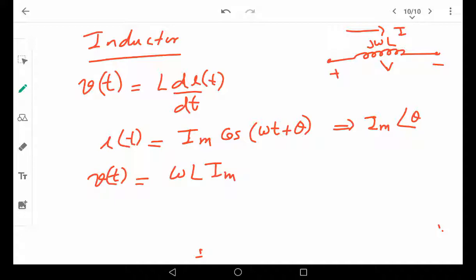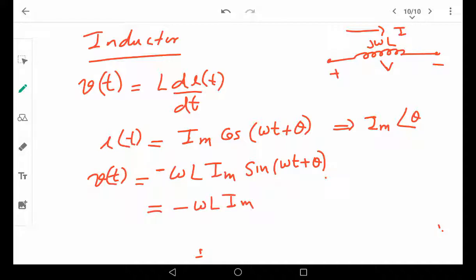Then omega L Im, and the negative sign will be there because when you differentiate cos, you will get sine. Omega L Im sine omega t plus theta. Clear?